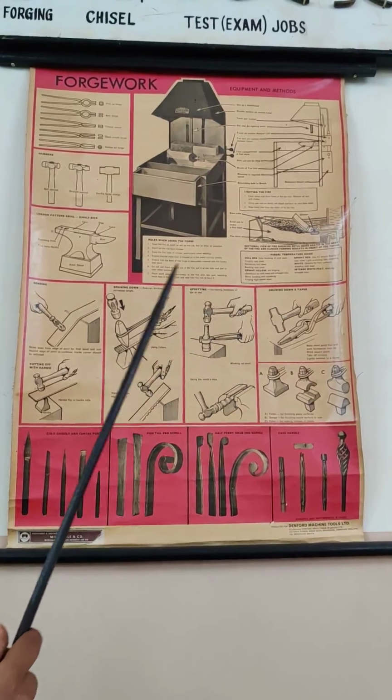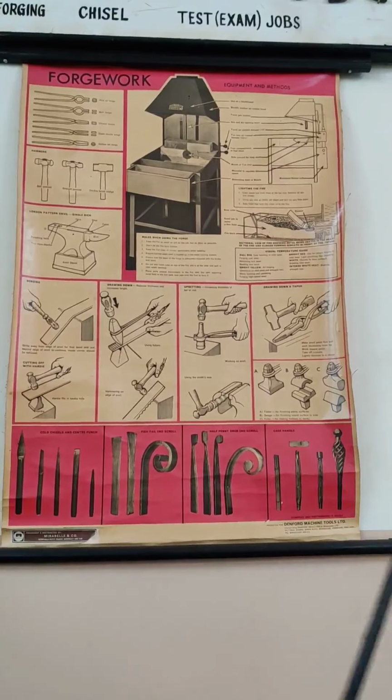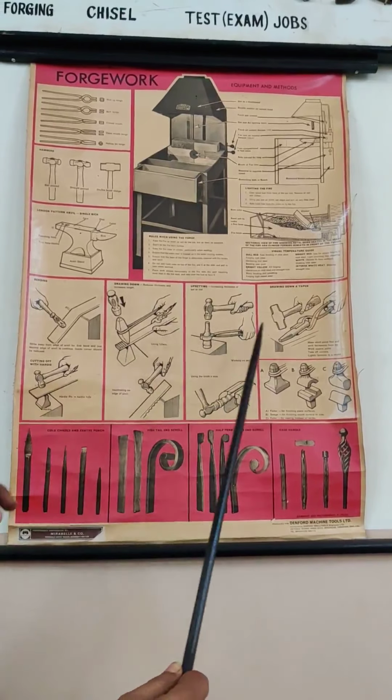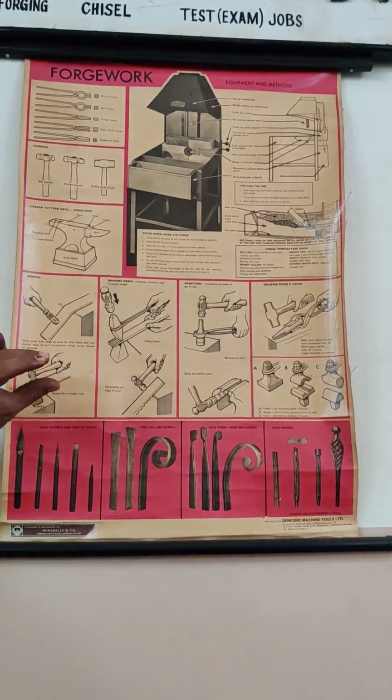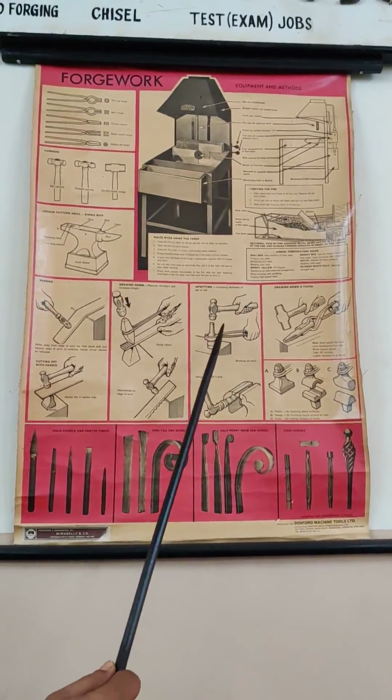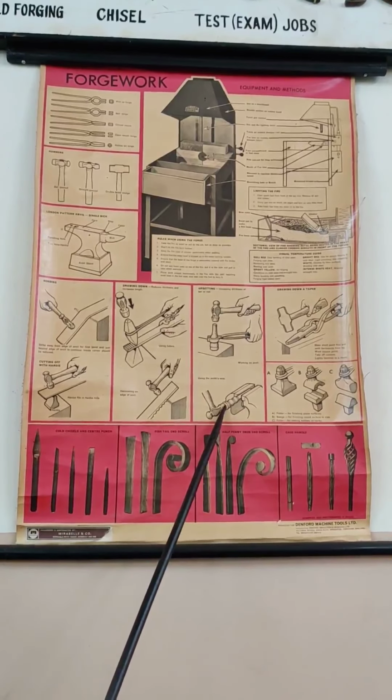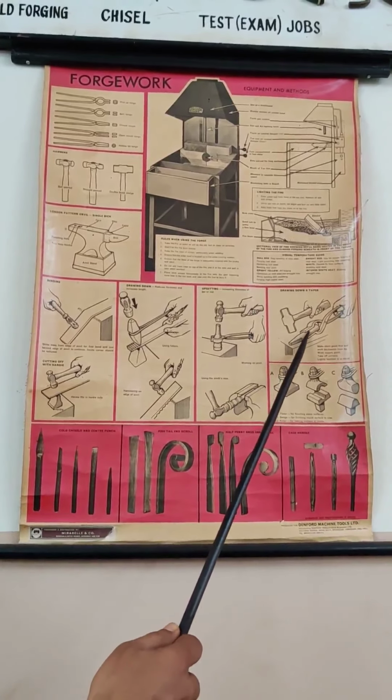So this is also drawing down. So drawing down is basically increasing the length. Here the length is increased. Even here the length is increased. The width is reduced. Okay, so these are operations in upsetting. This is drawing down.